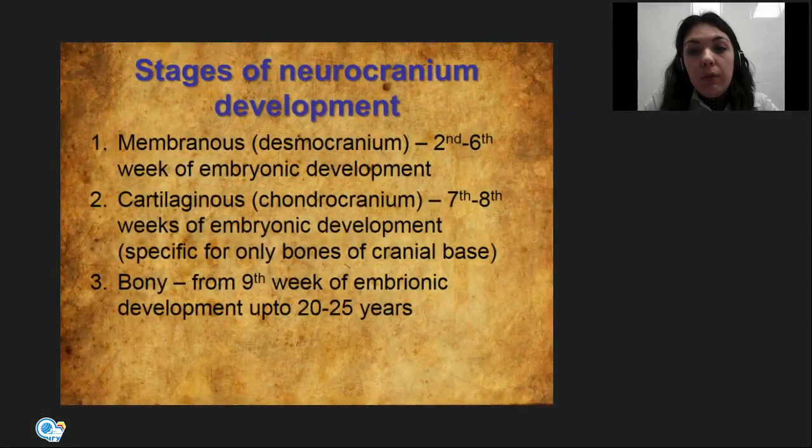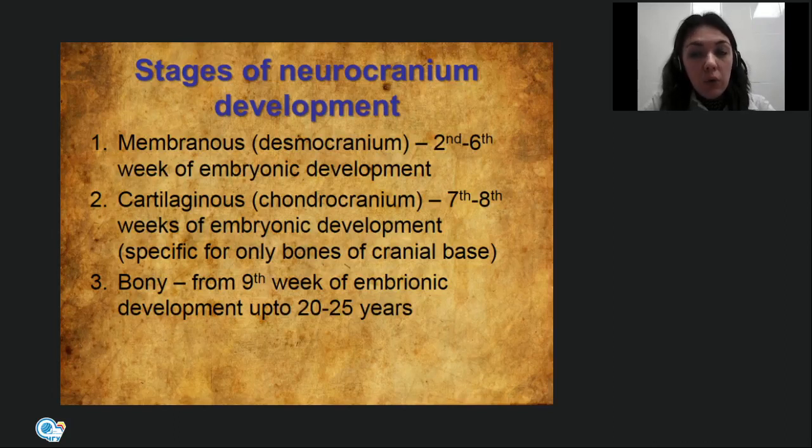So at the previous lecture, we were discussing questions of osteogenesis, the formation of bone tissue, and ossification. We were saying that there are 2 types of ossification: endochondral and intramembranous, if you remember. In intramembranous ossification, bone cells are formed directly from the mesenchymal cells: mesenchymal cells, then osteoblasts, then osteocytes.